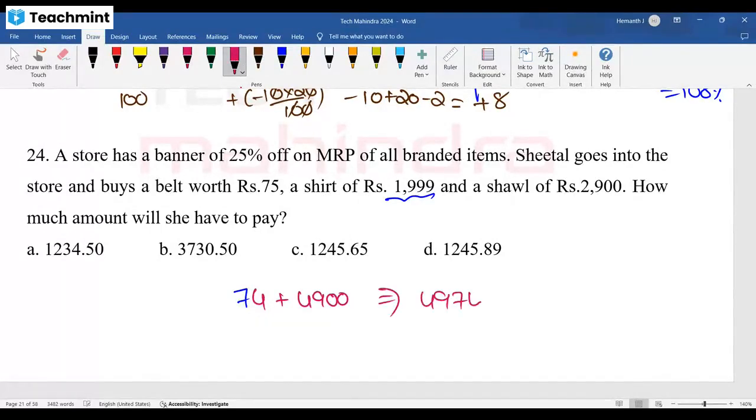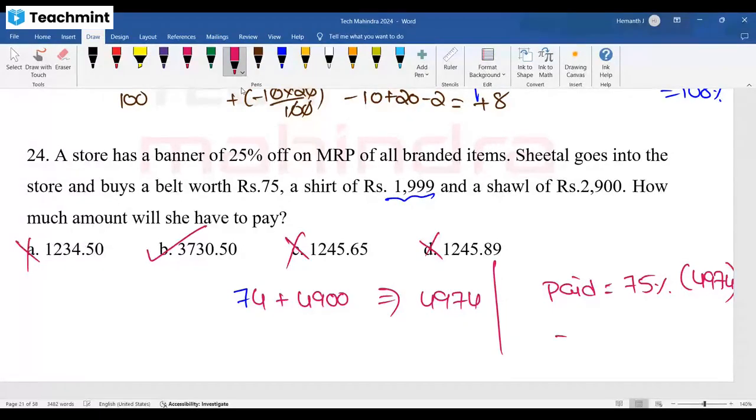To be paid: with a 25% offer you have to pay 75%. If you take 25%, that is also available in the options, but the problem is how much you want to pay. This is all discount. Divide by 4, around 1,200 is the discount. But paid is this, no need to worry much. 75% means 3 by 4.